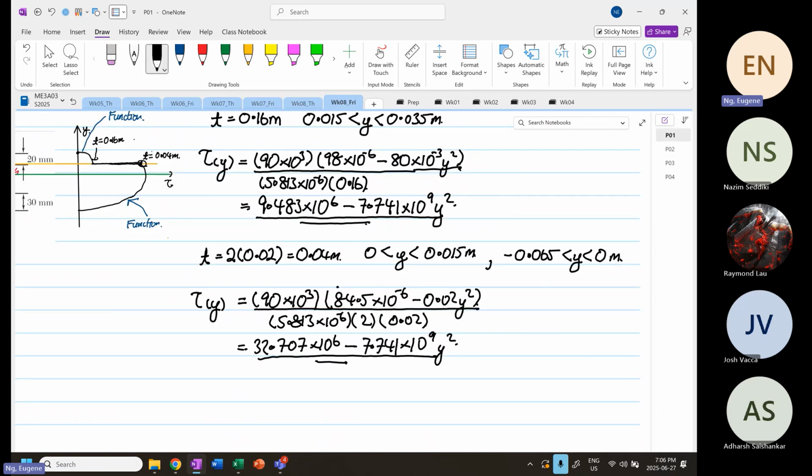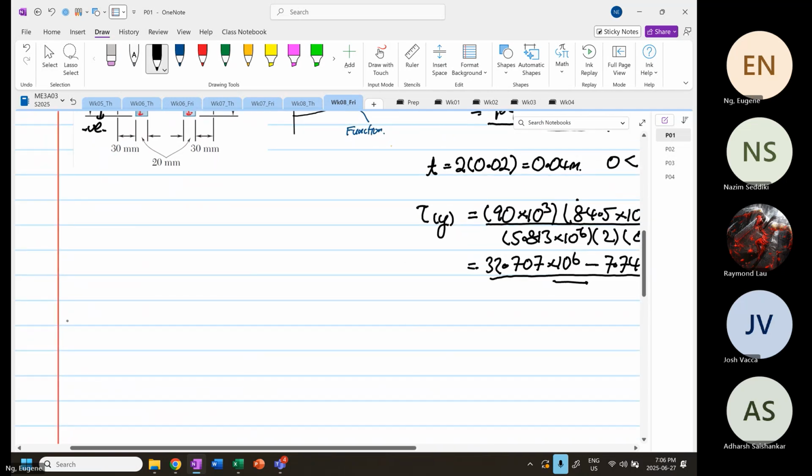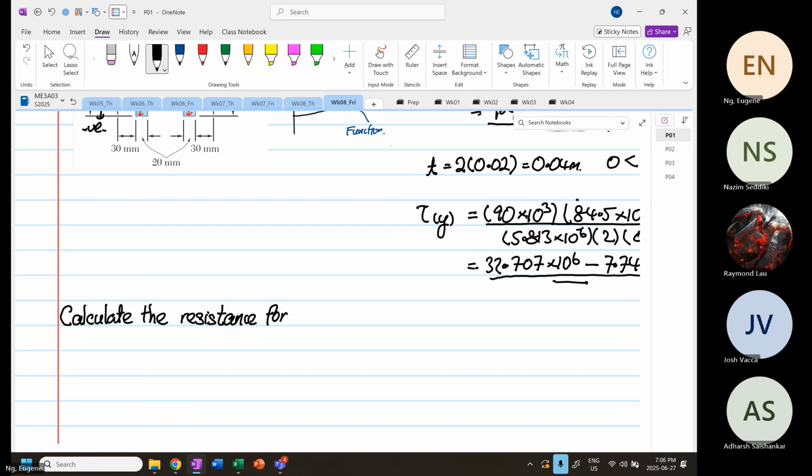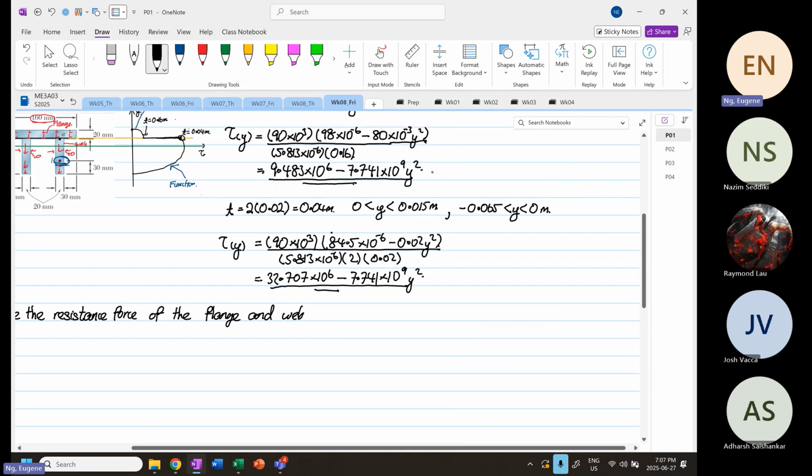So next we are going to calculate the resistance force of the flange and web. And I'm going to address this as our equation number 1, and this as our equation number 2.